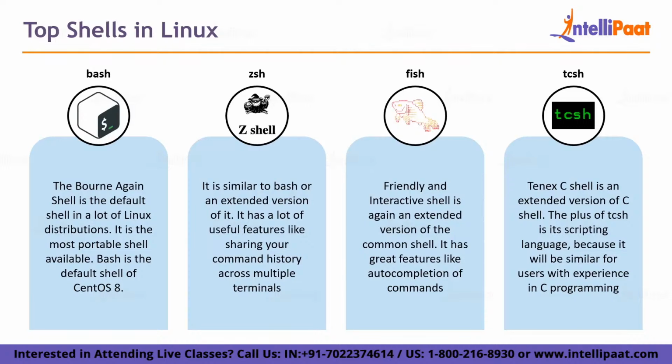Bash, the Bourne Again Shell, is the default shell in a lot of Linux distributions. Born again shell is the default even in CentOS and even in Ubuntu. In a lot of different Linux distributions, bash is the default one.